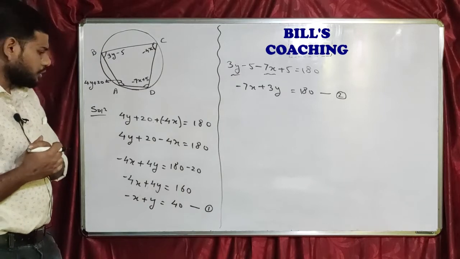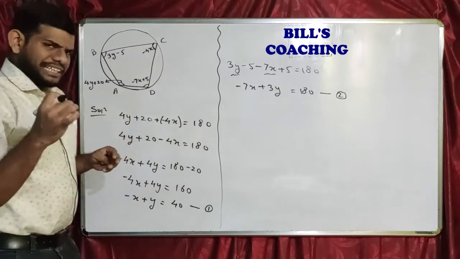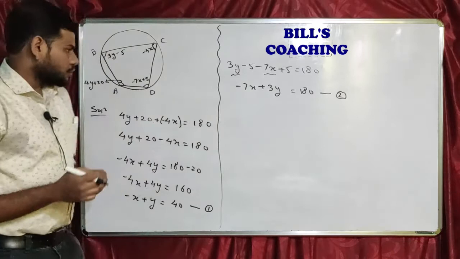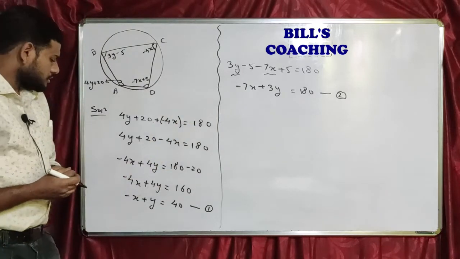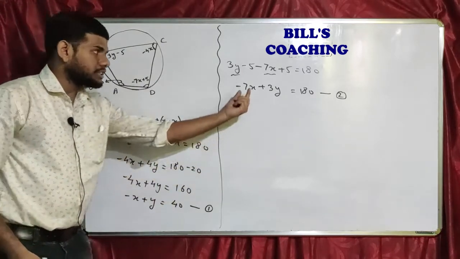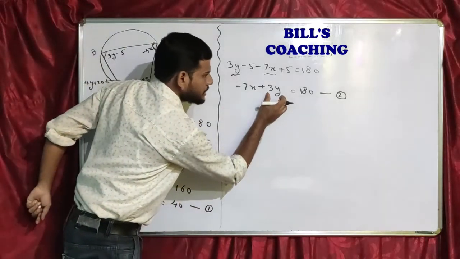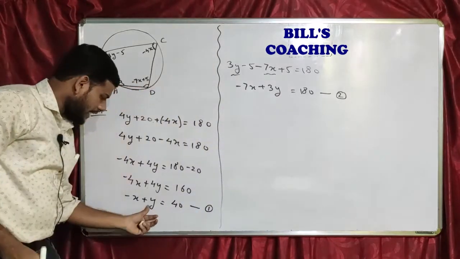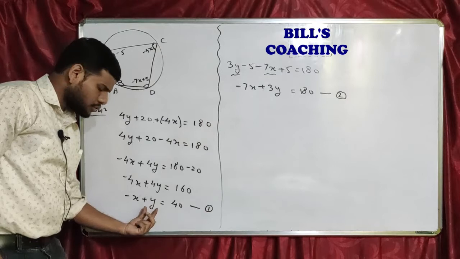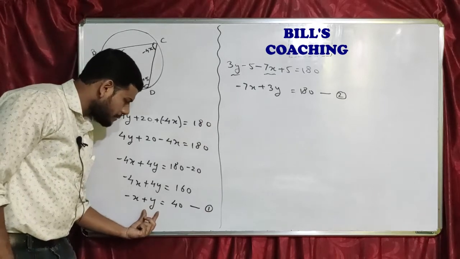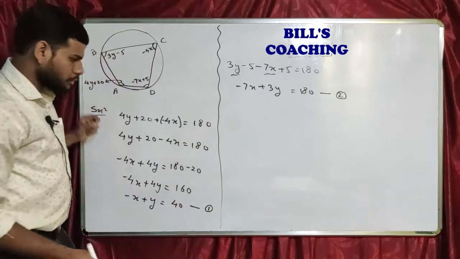Good. Now, what we'll do? As I will be using elimination method for solving this linear equation in two variables, I have to make this coefficient same. So I want to make this 3 and here 3 should be coming. So what I'll do, I multiply this by 3. I'll do it over here only.